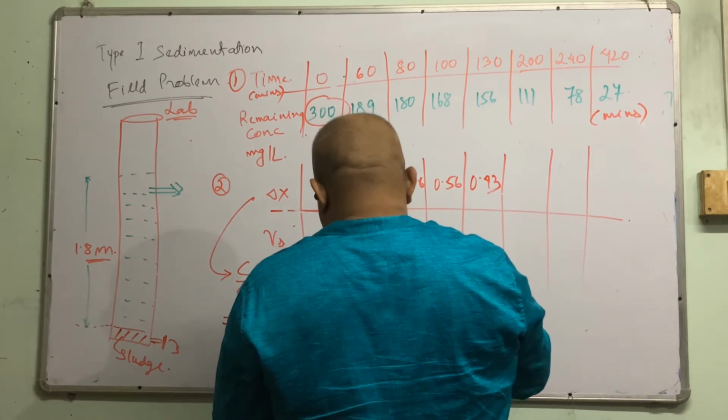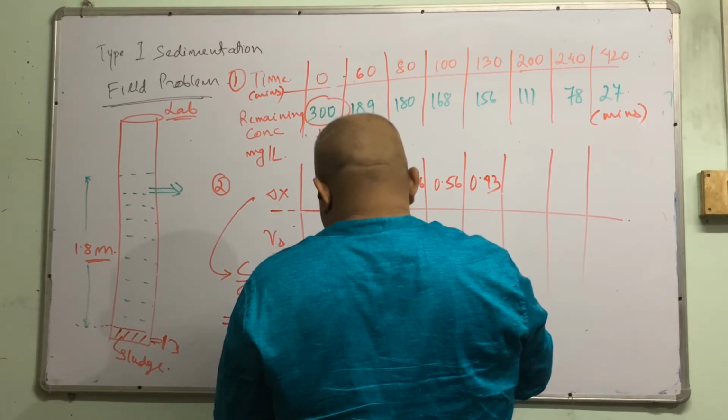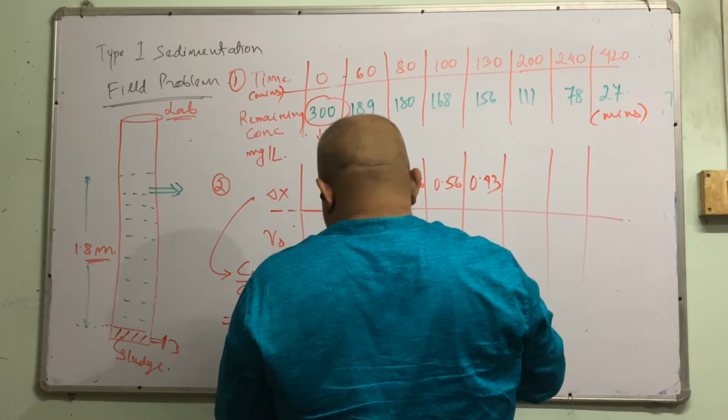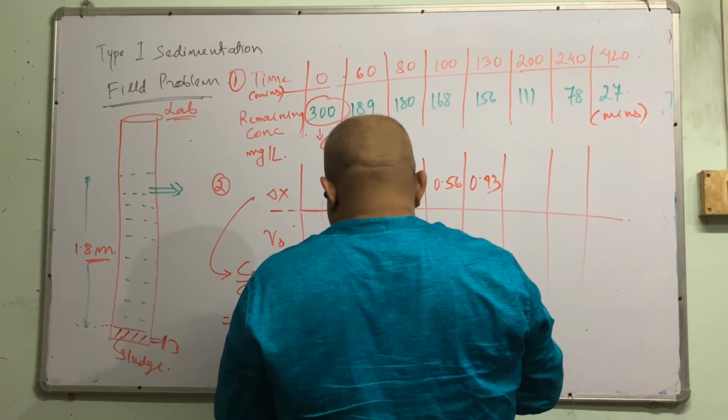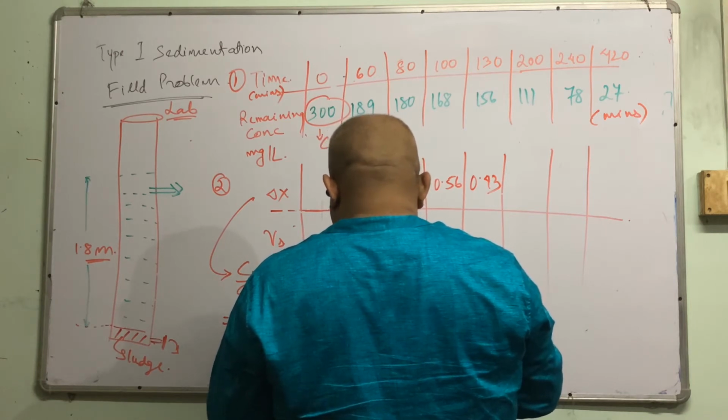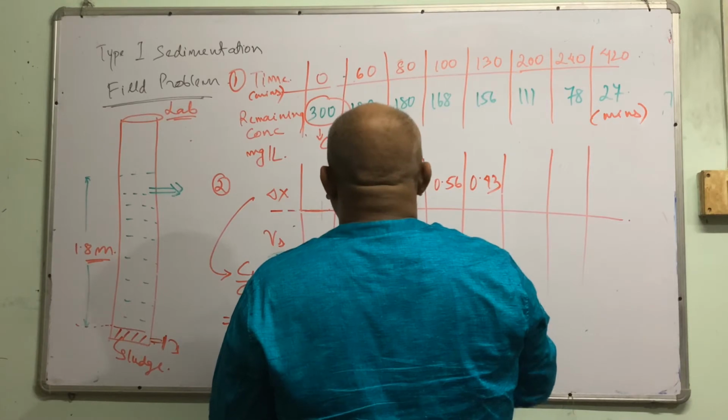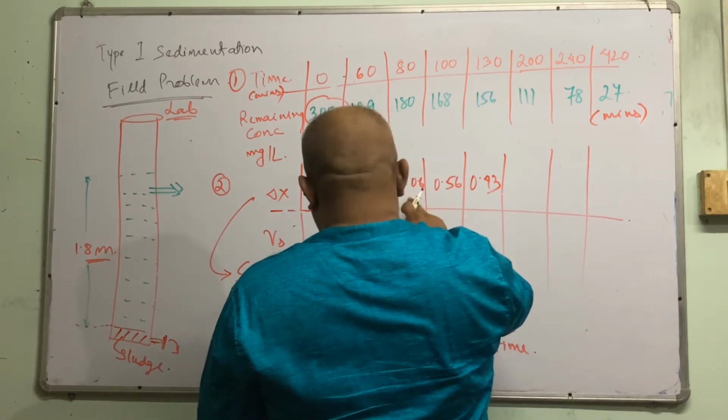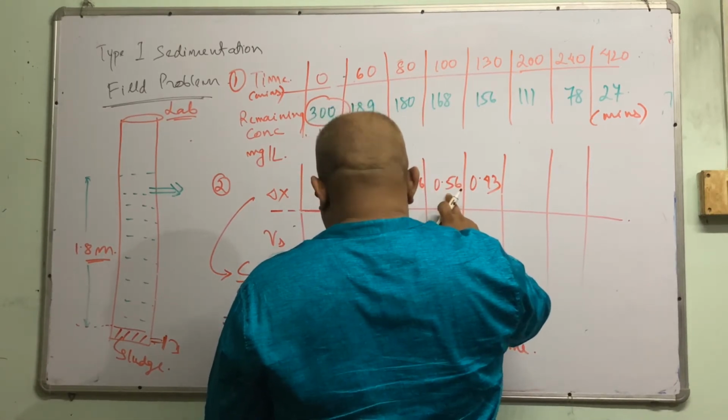The next one is 200, 200 divided by 300. 0.63 is correct, 0.56 is correct.